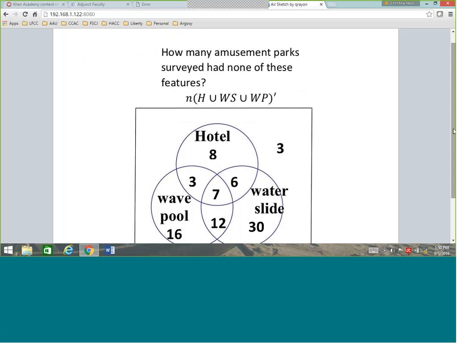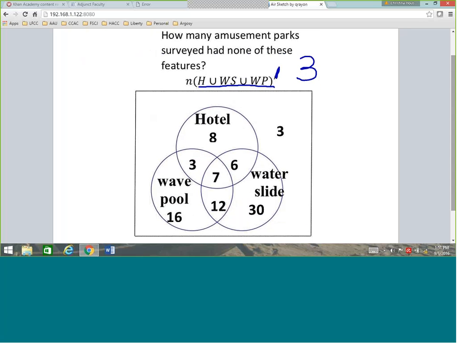Okay, next question. How many amusement parks surveyed had none of these features? So that's saying hotel or water slide or wave pool, but because of the not, there's the apostrophe there. So it's everything that's not in the circles, and that would be 3. 3 is the number of amusement parks not in the circles.